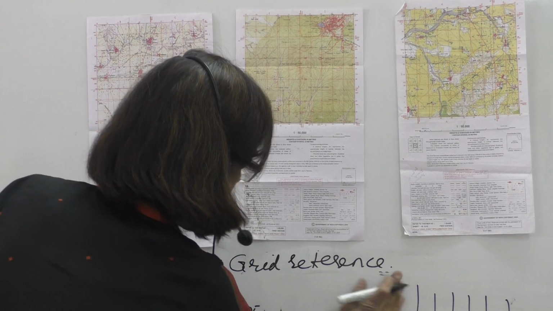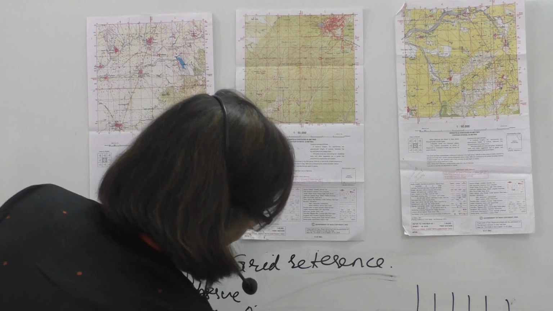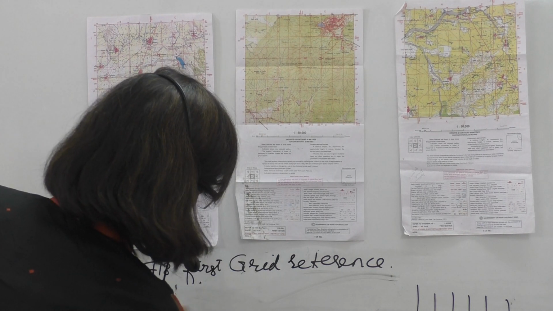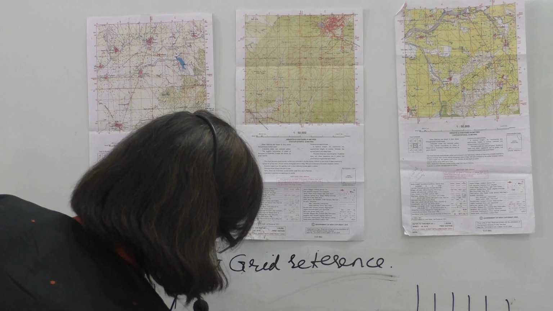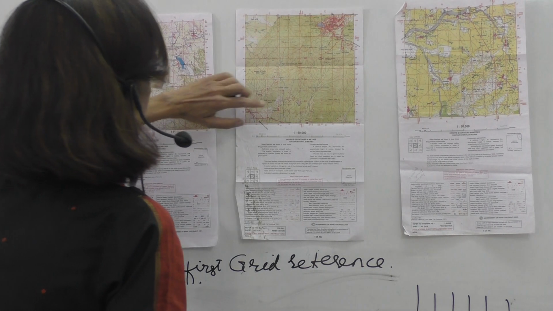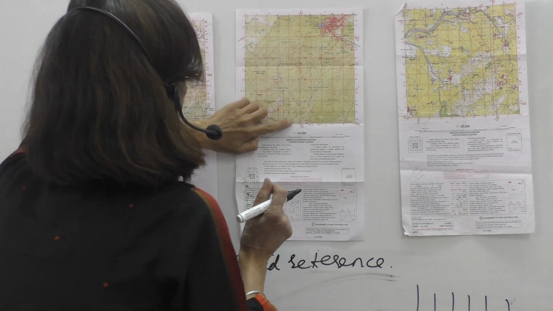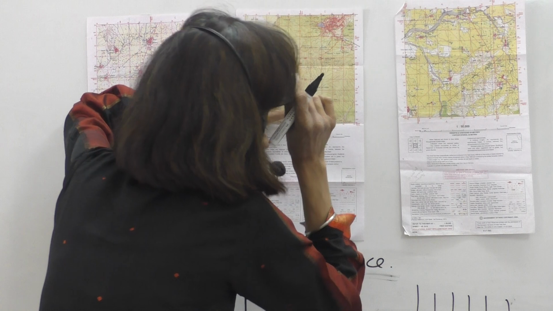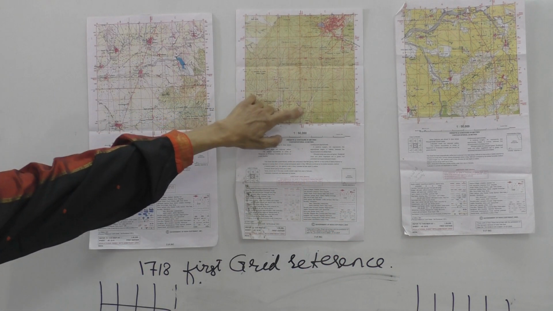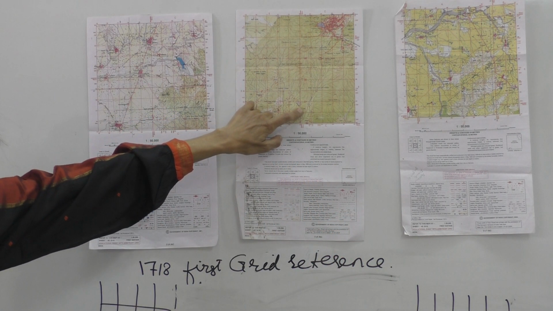So we rub this and rewrite. This is 363. Spot height here is 363.